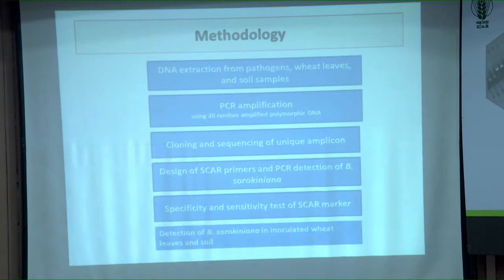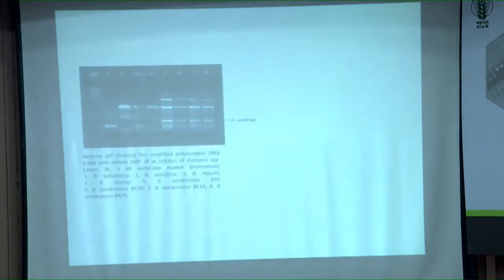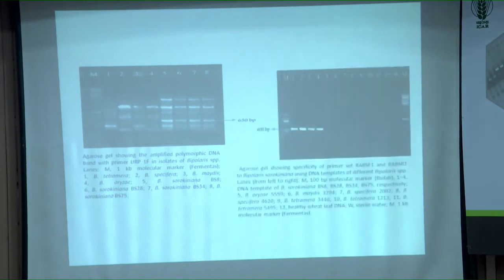Further, detection of Bipolaris sorokiniana in inoculated plant samples and soil was done. You can see this is the unique fragment they selected for the development of the marker. They checked it against a number of isolates of Bipolaris sorokiniana and found it amplifies Bipolaris sorokiniana only.